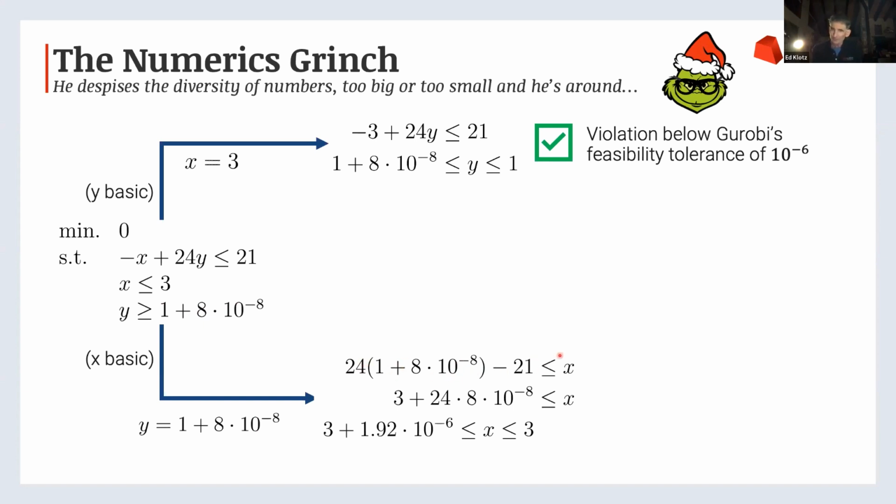And this yields a lower bound of 8 plus 24 times 8 times 10 to the minus 8th for x. And this 24 basically takes this value that was below our default feasibility tolerance with the other basis and makes it above the feasibility tolerance here.